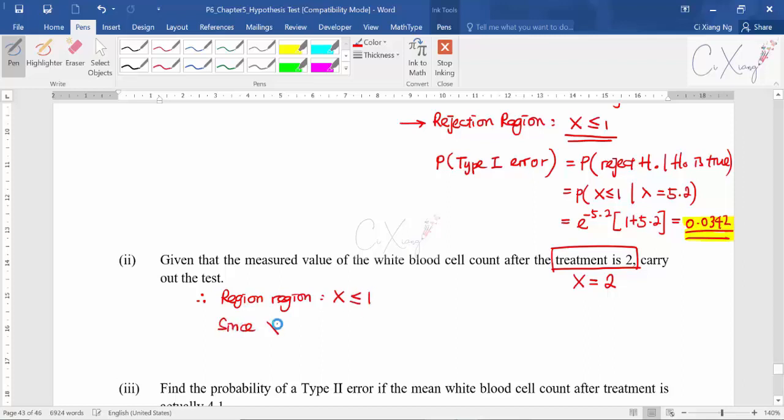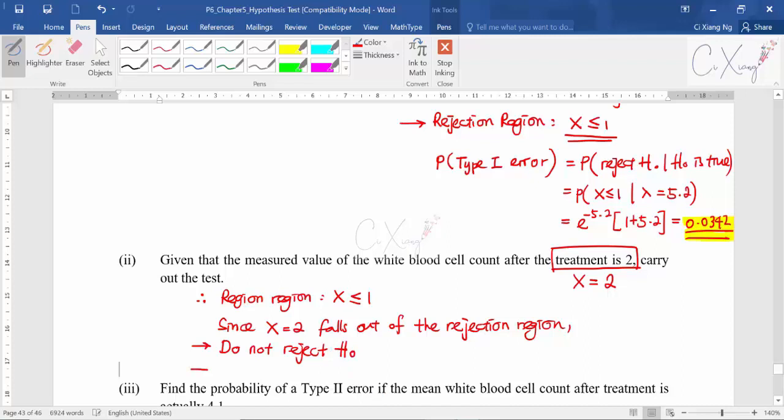Since x equals to 2 falls out of the rejection region, that means you do not reject the null hypothesis.